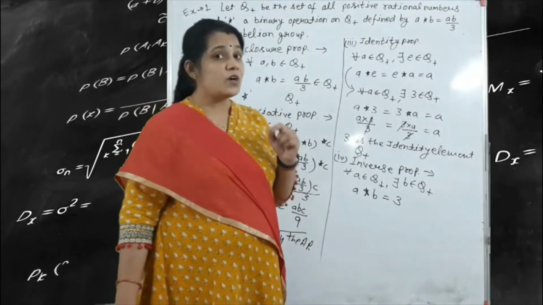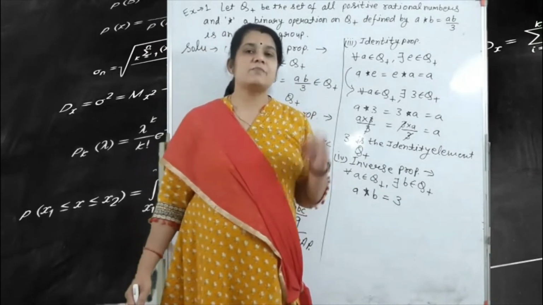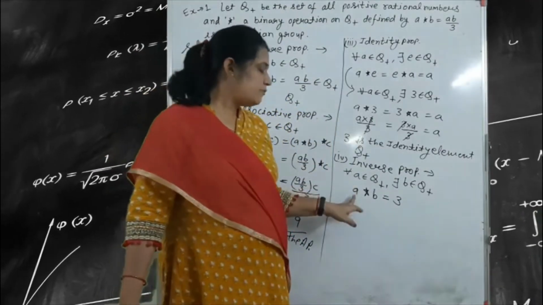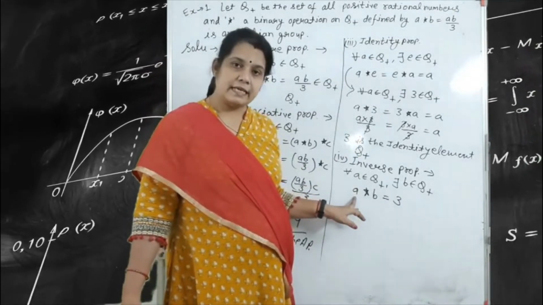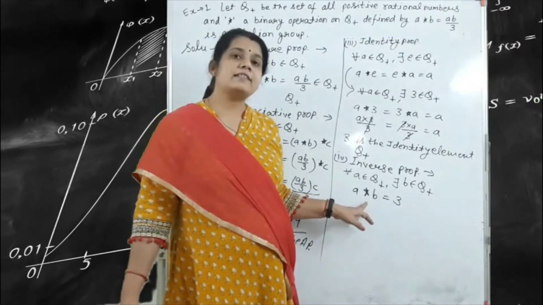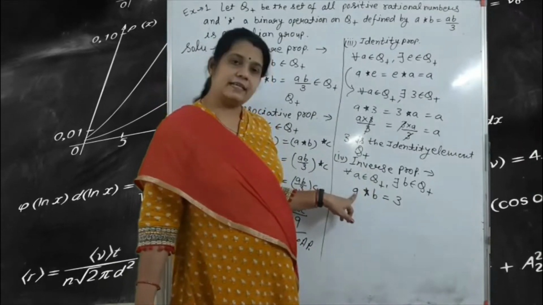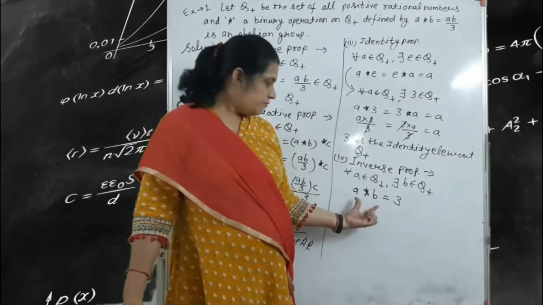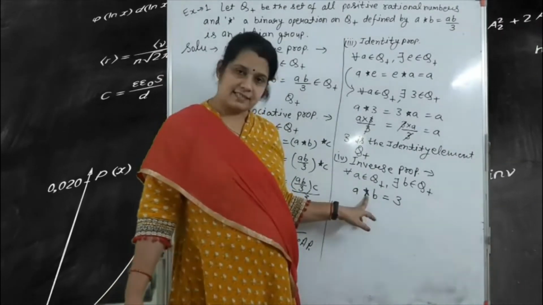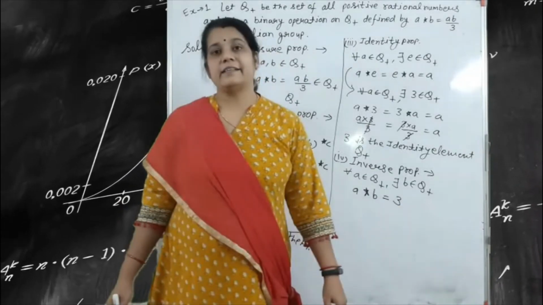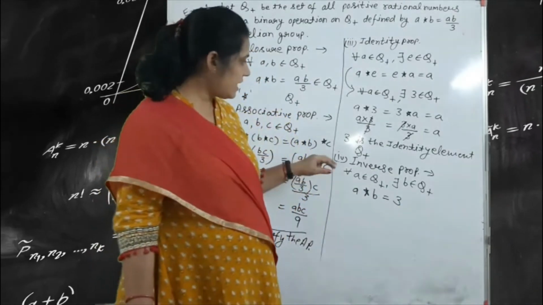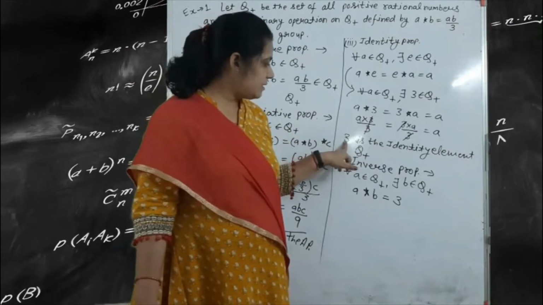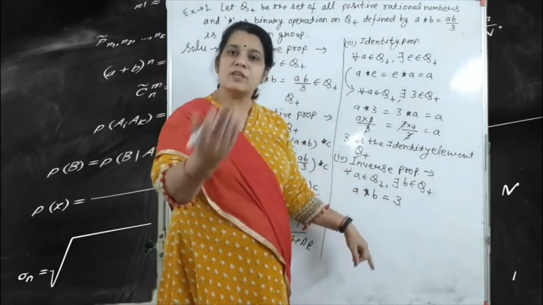Okay, what is the property of the inverse? If we consider an element A and we write the inverse of that element, and we operate this star, we get the identity element. That means you always write this identity element on the right hand side in the inverse property.